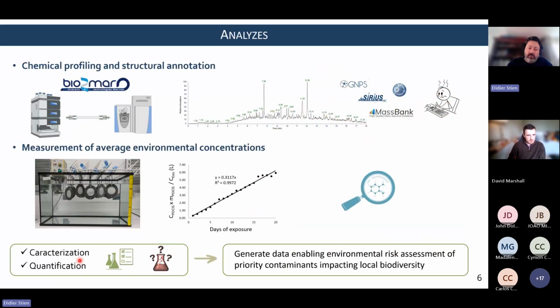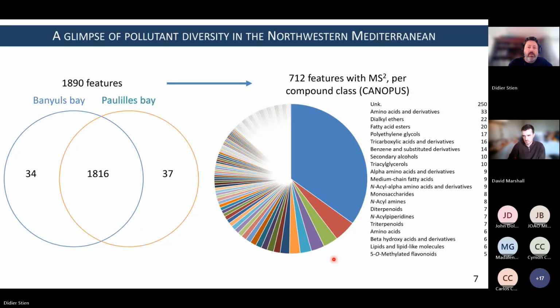Once you have characterized your compound, you need to quantify it, and this is done with, as I said, measurement of the sampling rate in laboratory. Then you generate data that enables to assess the environmental risk for the contaminants that you found in your seawater samples.